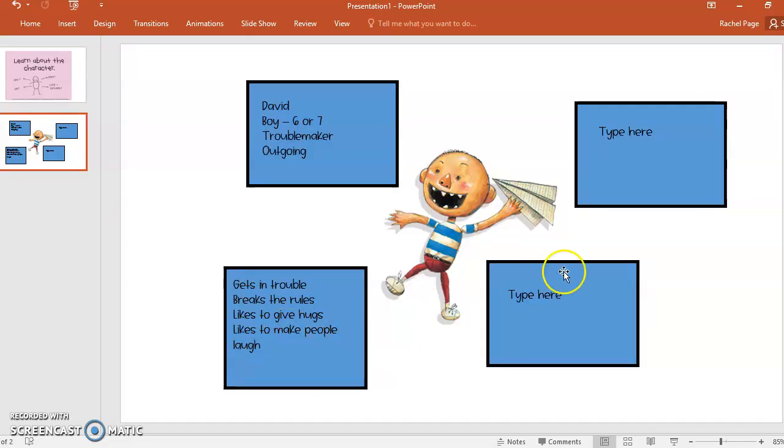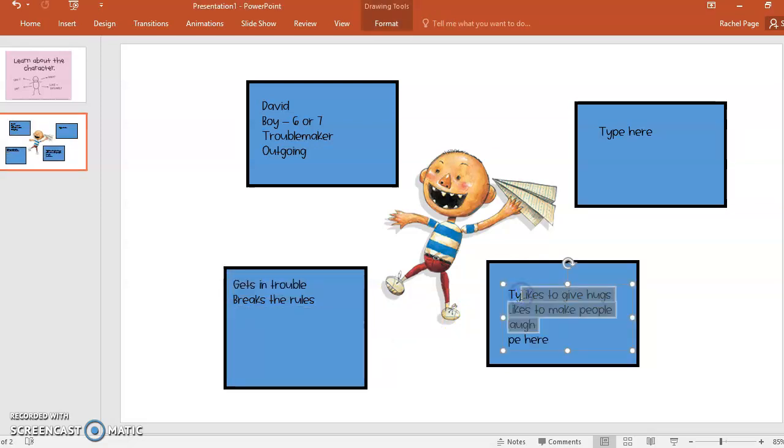So I guess I could have put that over with his likes and dislikes. Why don't we do that? So he likes to give hugs, likes to make people laugh. He likes to play with his toys, which he doesn't always pick up, right? And he dislikes, well, what does he dislike? He dislikes rules. He doesn't really like the rules or following the rules for that matter.